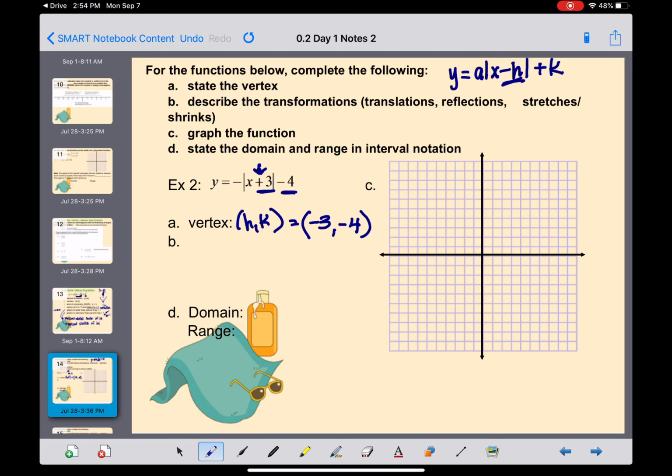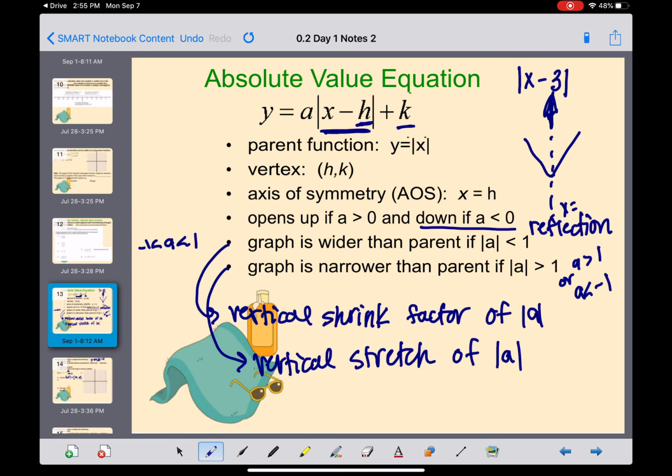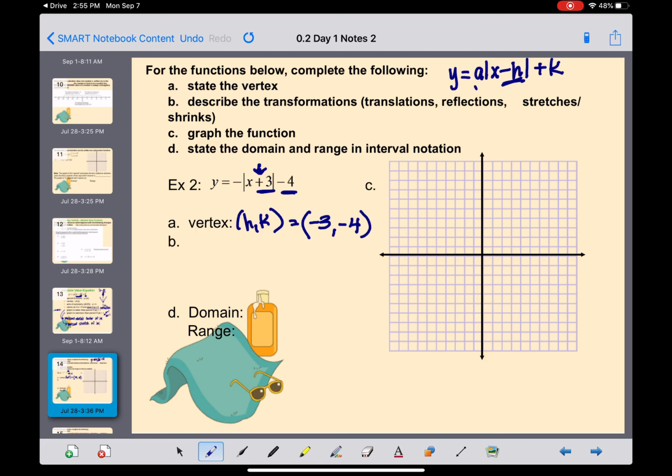Then you are going to describe your transformations. The first thing you're going to do is decide if there is a reflection. So in order to tell if there is a reflection, if we look back here, there's a reflection if a is less than 0. It's going to open up if a is greater than 0. So that a value is that one out front.